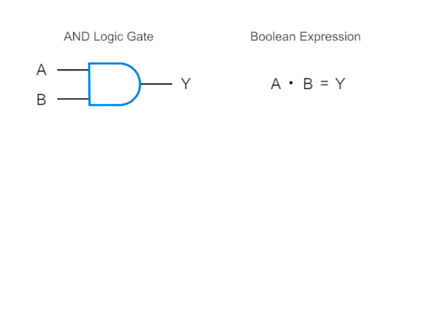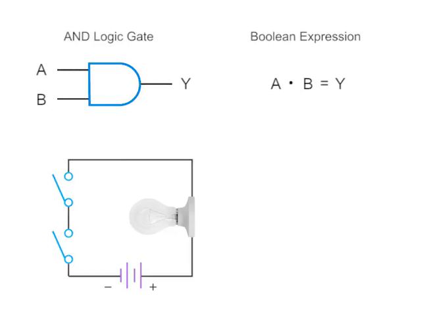Another way to view the AND logic gate and its operations is with a simplified circuit, with the A and B switches representing the circuit terminals of the AND gate. The Y, or output, is depicted by the on or off state of a light bulb. Let's observe how logical inputs to this circuit affect the logical output.